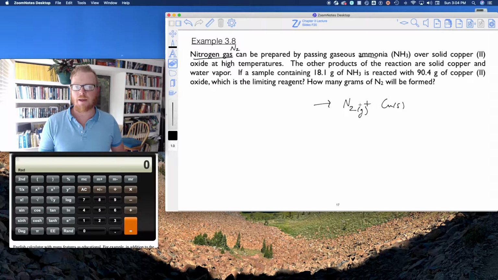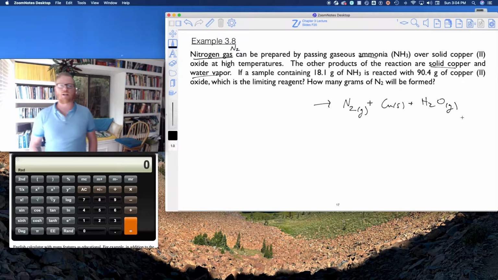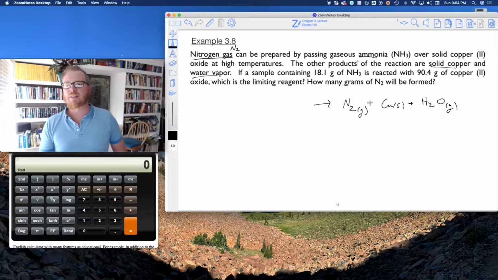Let me go ahead and make this just a little bit more clear. And they also tell us the other products of solid copper and water vapor. So I know water vapor is H2O gas. Okay, there's my products. What about my reactants? Well, it said gaseous ammonia, NH3.